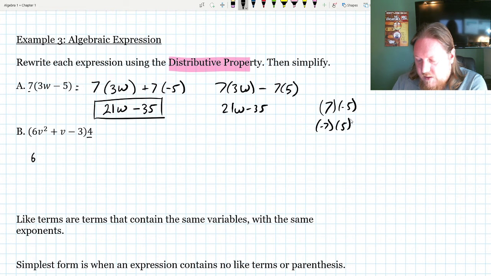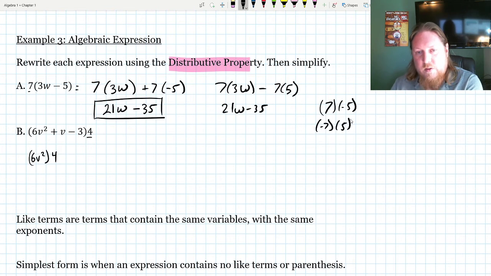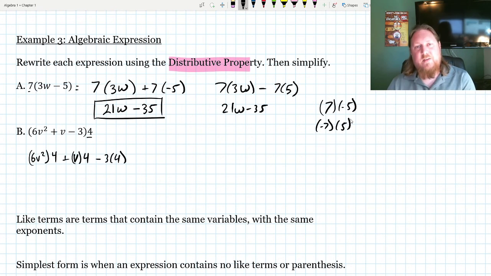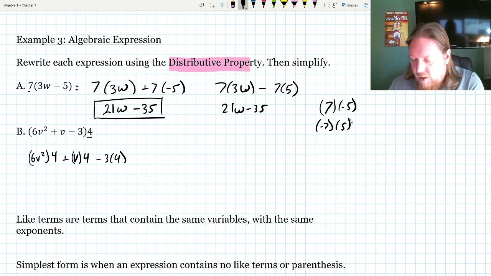So I have 6v squared times what I'm distributing by, 4, plus v times 4, minus 3 times 4. Notice there I put the parentheses in a different spot. This is where some problems come in. This is why I always like to have it in the front. But it's all depending on how you want to do it.